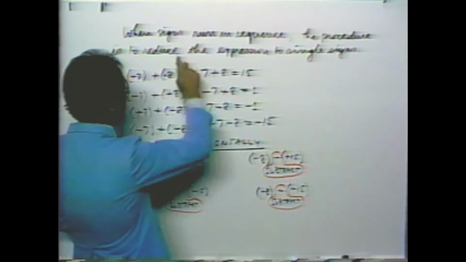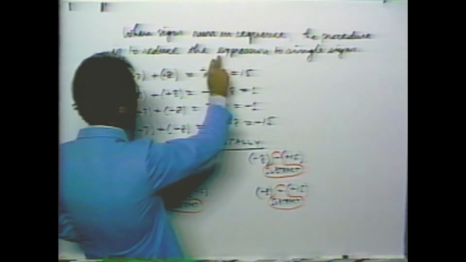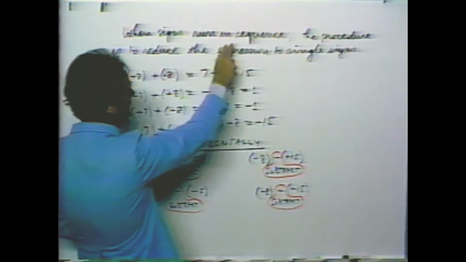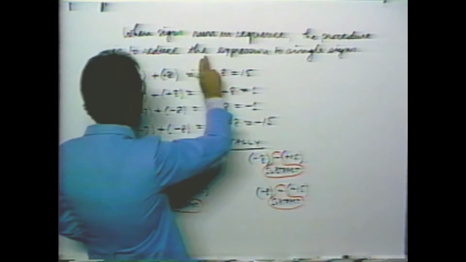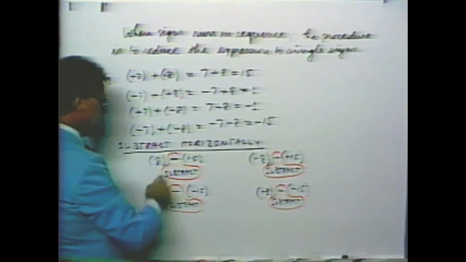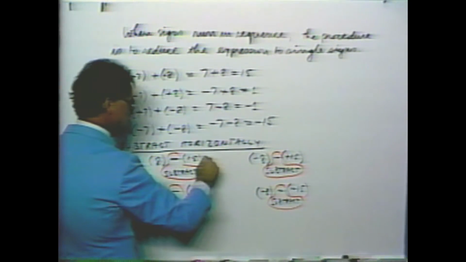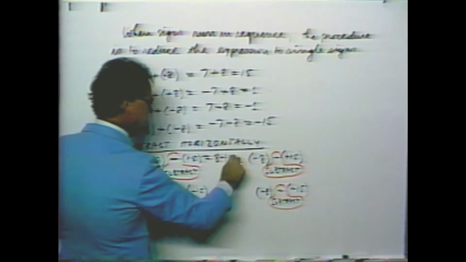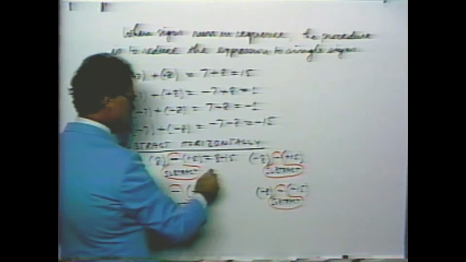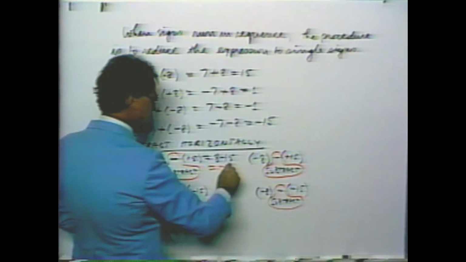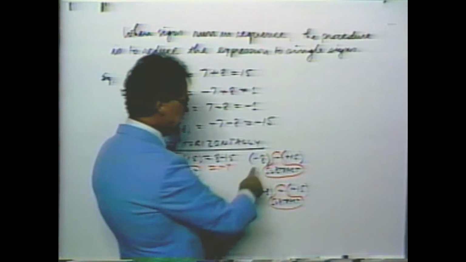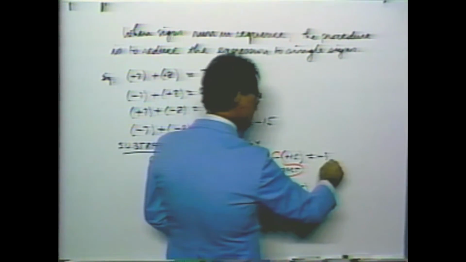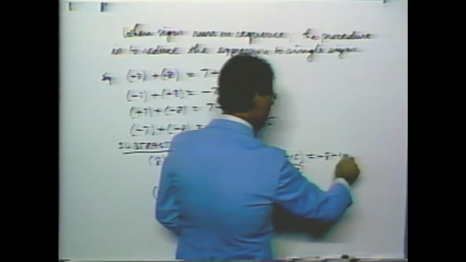And so, in order to follow this suggestion, as I've written here, when signs run in sequence, the procedure is to reduce the expression to single signs. What we want to do is rewrite this as simply 8 minus 15. Recall that was equal to minus 7. In this case, we would want to write simply minus 8 minus 15.